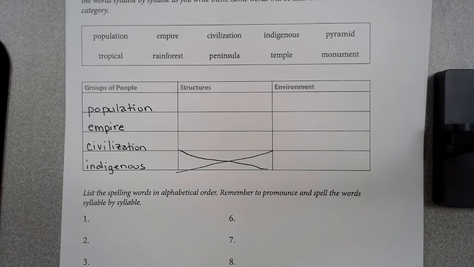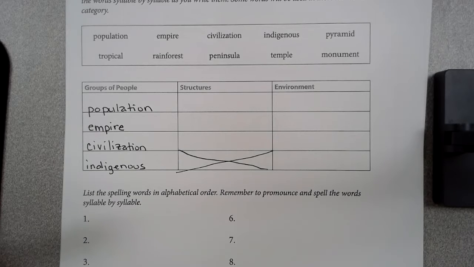We know population is a group of people. We know that tropics it's talking about, or tropical refers to like where you're at. Empire is a group of people. What's the next one? Peninsula is a piece of land, so that's not a structure.